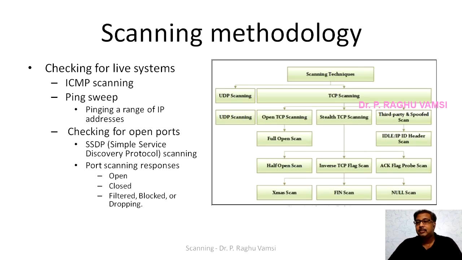In the case of third-party spoofed scan, idle scan or IP header scan will be performed. So these are the various scanning techniques in the TCP section. In the case of UDP, we will use general UDP scanning. So in the next video, we'll see how these particular scans will be performed with the help of the Nmap tool.